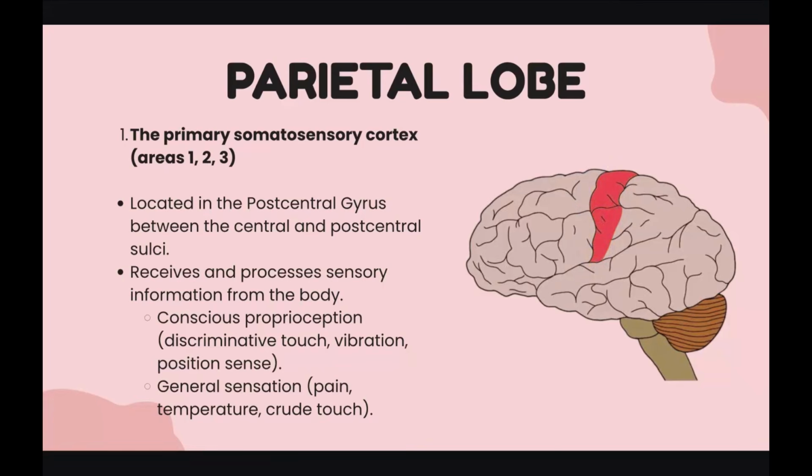What is conscious proprioception? It is again what I first talked about. It's you consciously knowing and being aware about where different parts of your body are. Even if you were to close your eyes right now, you would still know if your head is tilted right or left, up or down, and if your hands and fingers are in a specific place in the space around you.